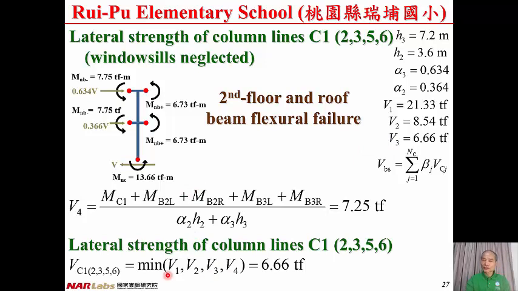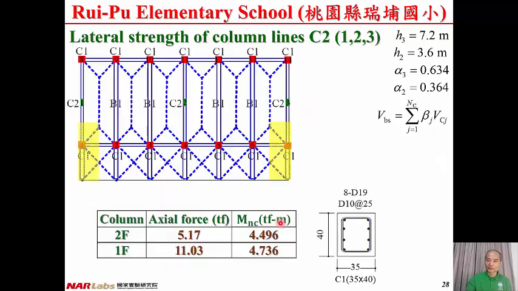That's the failure mode to be realized, and it is the lateral strength of the column line C1 for number 2, 3, 5, and 6 equal to 6.66. That's failure mode 3. Therefore, the lateral strength of column line C1 for number 2, 3, 5, and 6 equal to 6.66 ton-force.